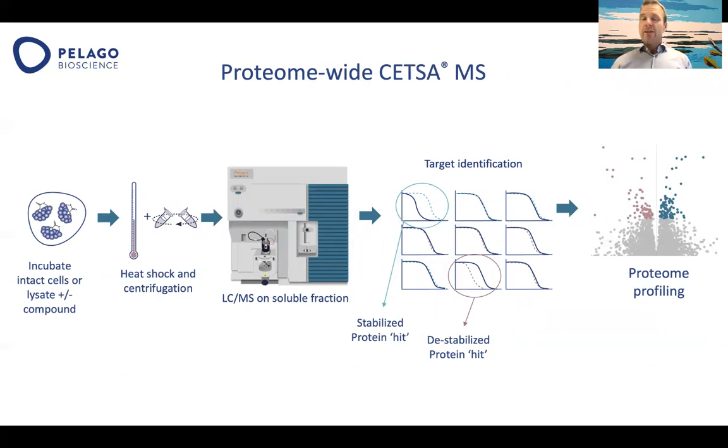What we get there is still the same format of melt curves with and without the compound. If the compound induces a thermal stabilization or a thermal destabilization, that means the compound is engaging with that protein of which we're looking at the melt curve. The output is one of these volcano plots that you see on the right-hand side of the slide, showing stabilization or destabilization, and on the y-axis, the significance of the hit.